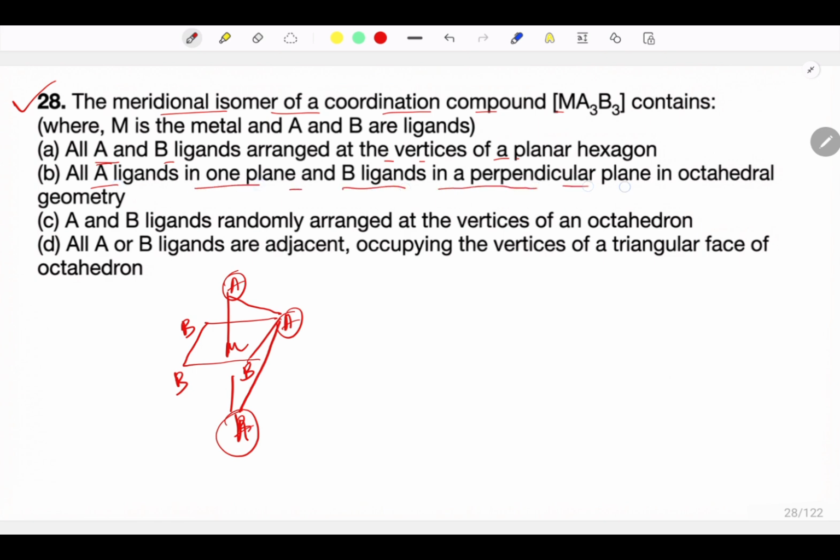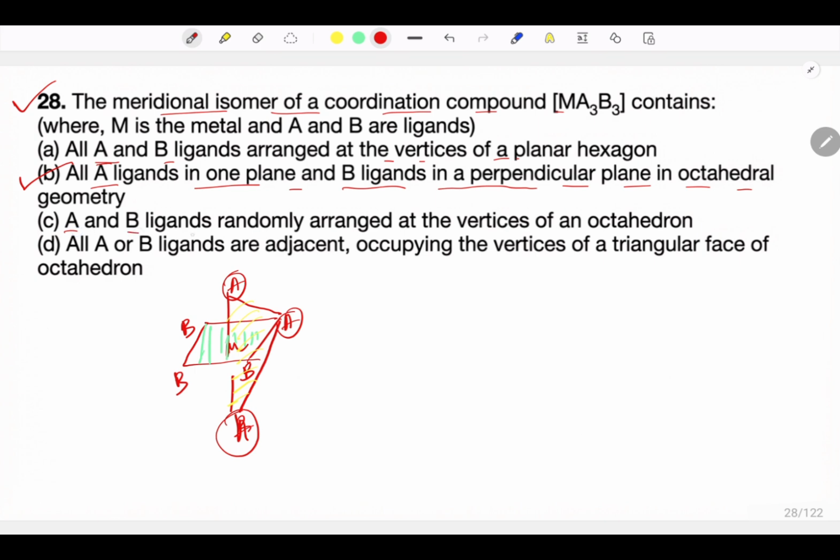All B ligands on a perpendicular plane of the octahedral, yes, that's true, because this is one plane and another plane is this plane. Both are perpendicular to each other, so that's why this is the right statement. Option B is the correct one.